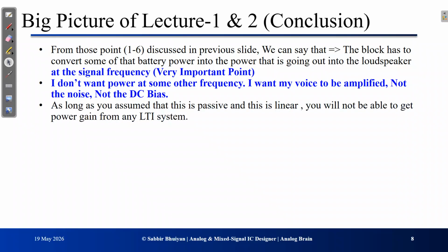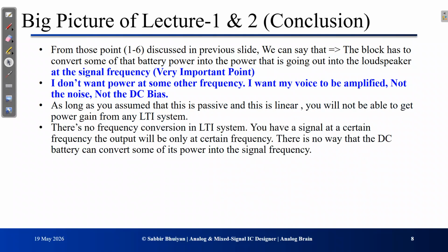As long as you assume that this is passive and this is linear, you will not be able to get power gain from any LTI system. Okay, so there is no frequency conversion in an LTI system. You have a signal at a certain frequency, the output will be only at that frequency. There is no way that the DC battery can convert some of its power into the signal frequency.